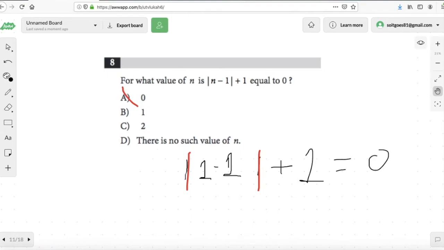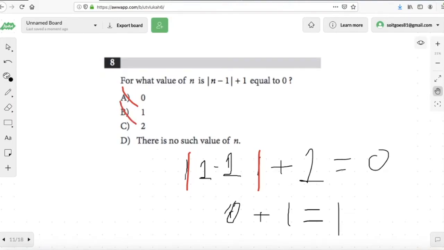What's the absolute value of 1 minus 1? 0, right? Because 1 minus 1 is 0. Absolute value of 0 is just 0. That would be 1. Is that a true statement? No, it is not. We can eliminate answer choice B.